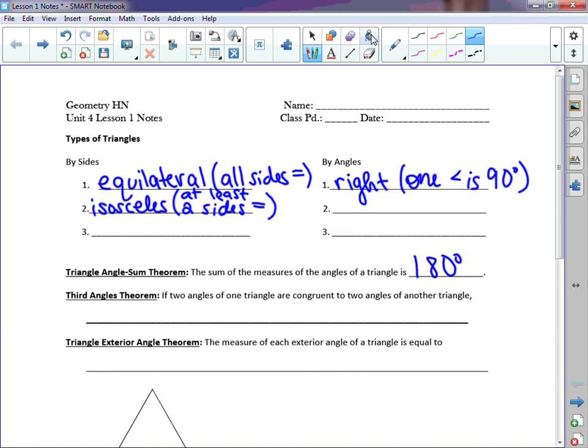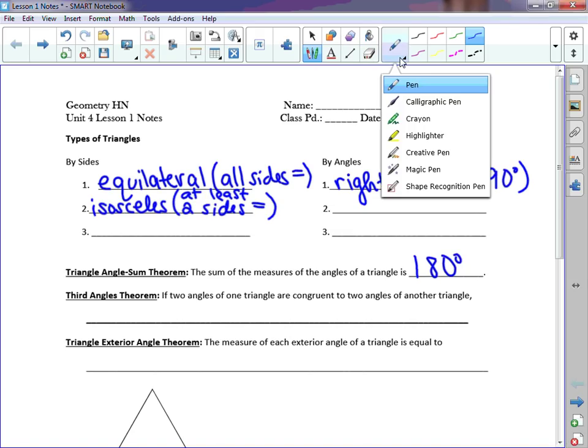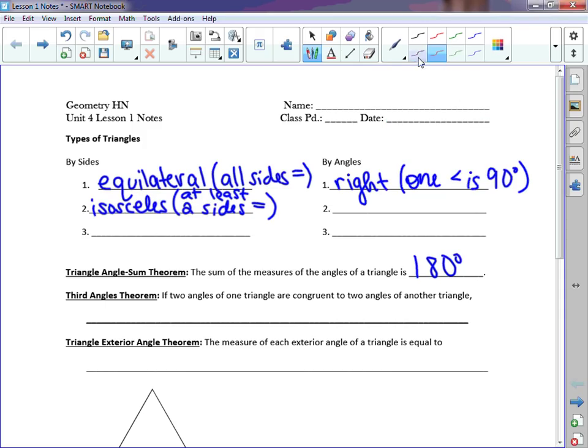So if I'm saying at least two sides, could I classify an equilateral as an isosceles? Is an equilateral an isosceles? Yeah, because equilateral has three sides equal. Now, when we're classifying, we're going to go with the most specific that we can get, meaning that if it's equilateral, if all three sides are the same, we're going to call it equilateral, not isosceles, just because we want to go as specific as we can. But that's good to know that equilateral triangles are isosceles triangles.